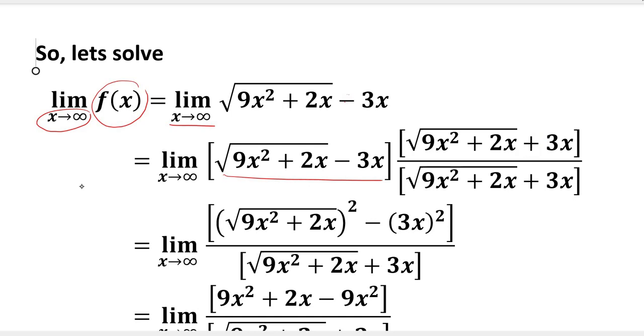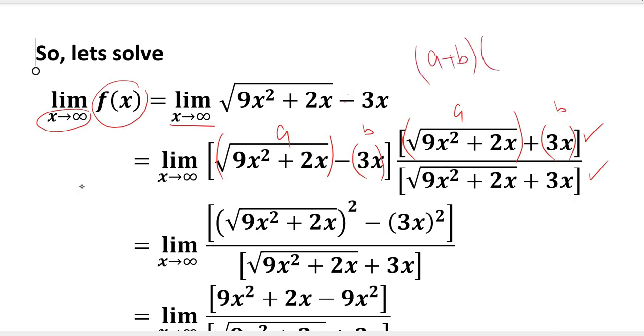So we multiply with that and divide with that. Now if we consider this as a and this as b, then we have a formula: a plus b into a minus b gives us the square of the first one minus the square of the second one.